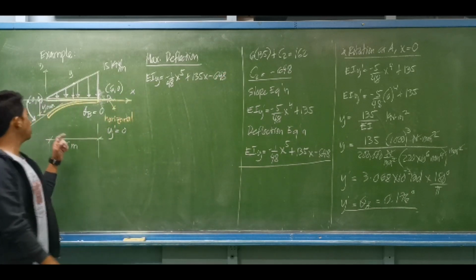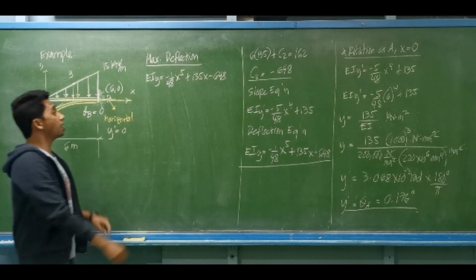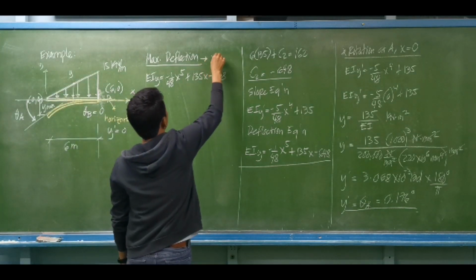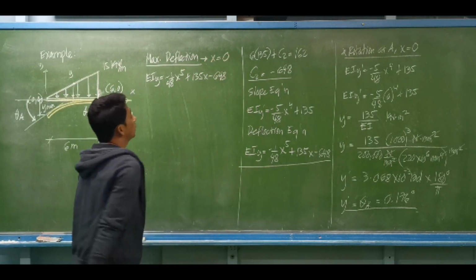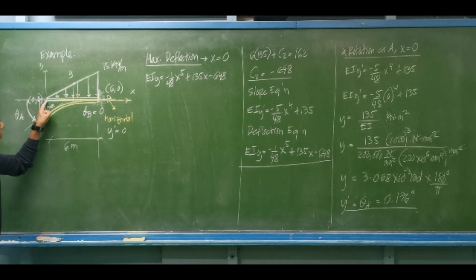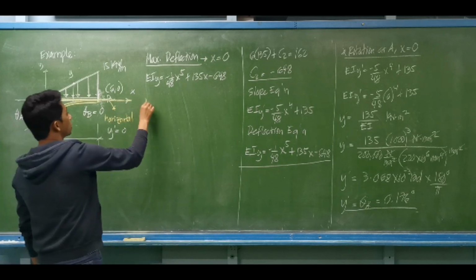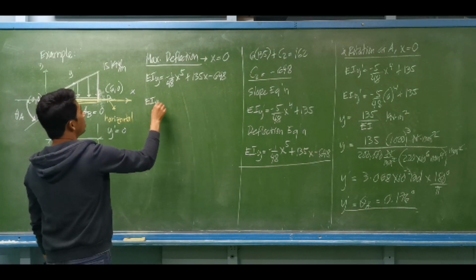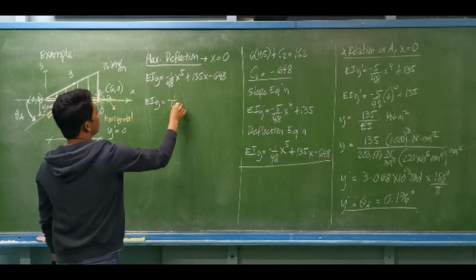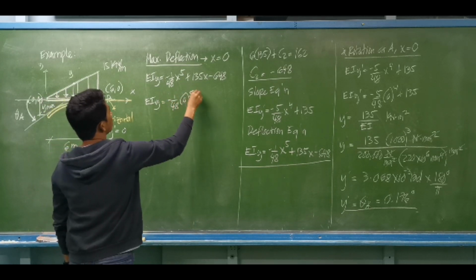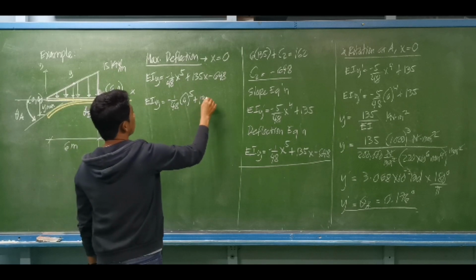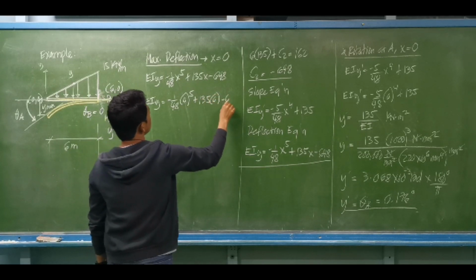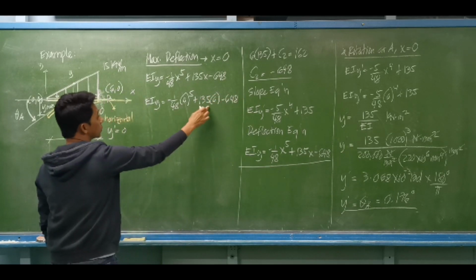So saan matatagpuan yung maximum deflection? That is at A, wherein the value of x is equal to 0. So EIy is equal to negative 1 over 48 of 0 raised to 5 plus 135 times 0 minus 648. So this is 0, 0.